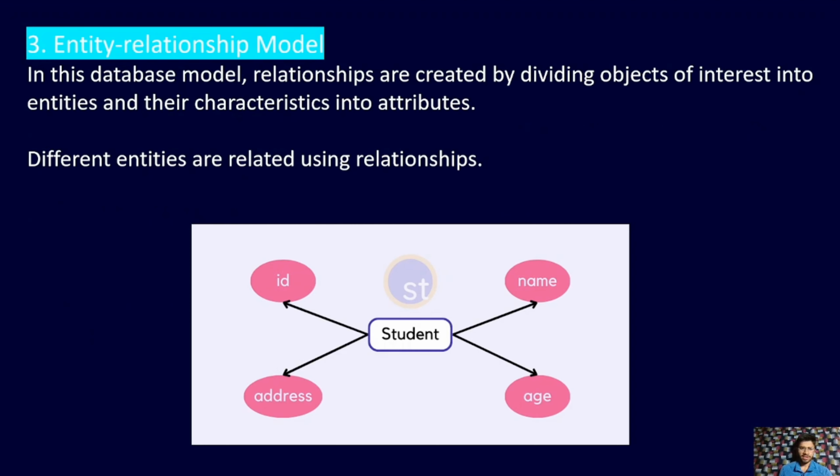Then we have the entity relationship model. In this database model, relationships are created by dividing the objects of interest into entities and their characteristics into attributes. Here the different entities are related using relationships.